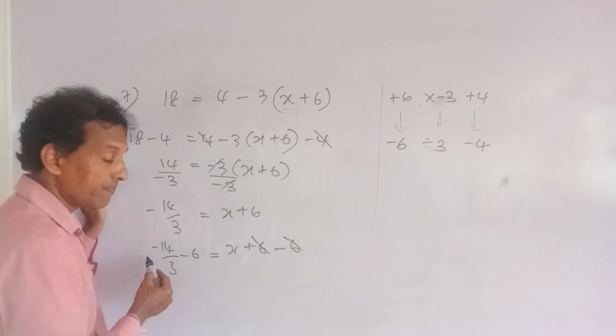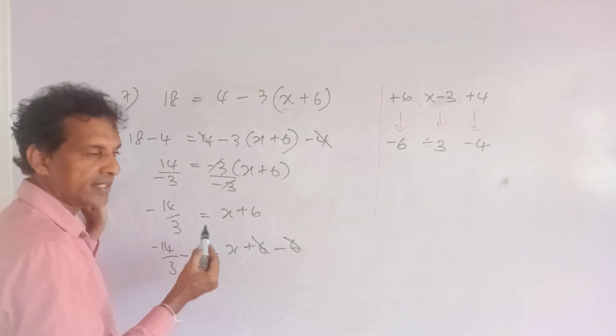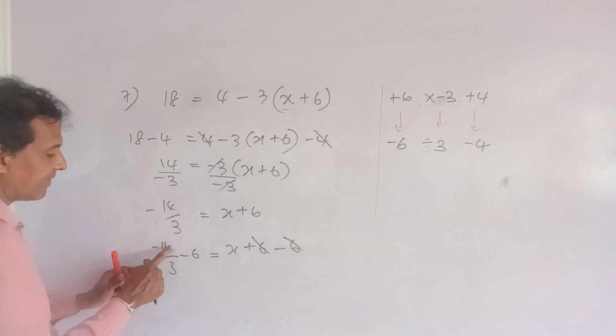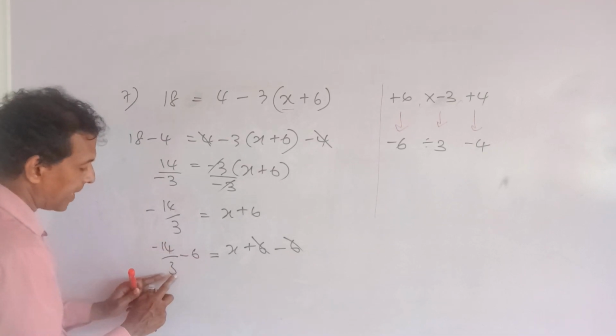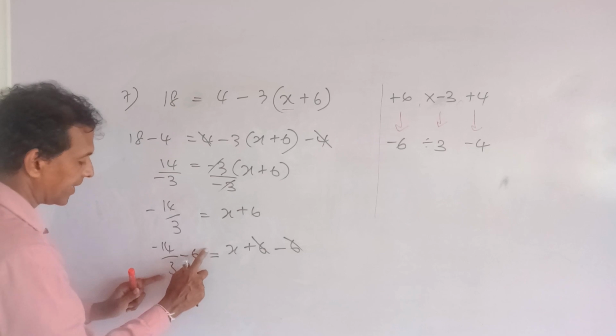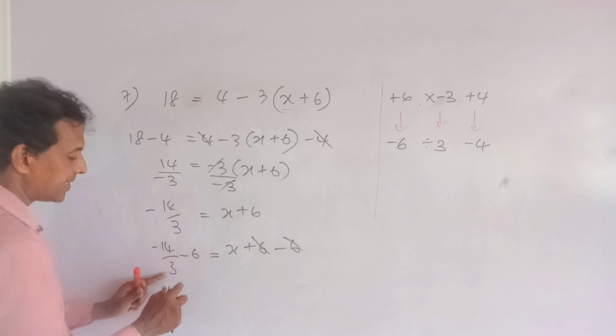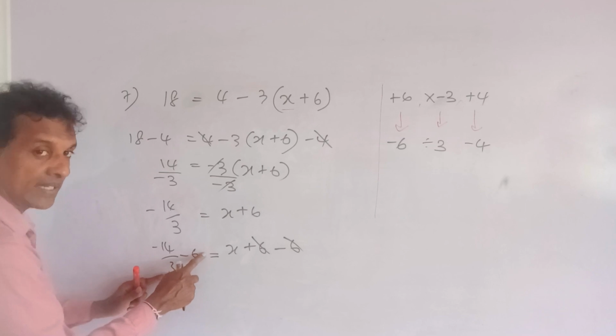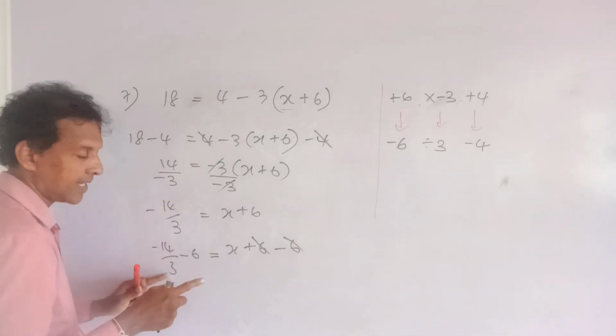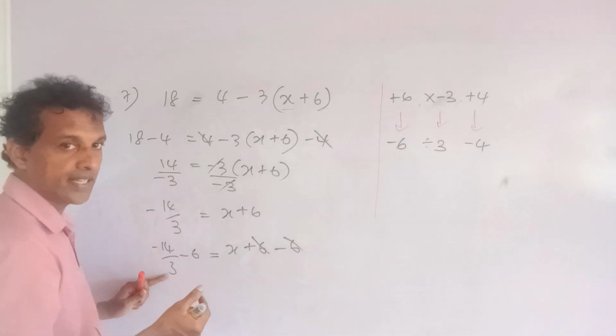Now I am not going to teach how to do these fractions, but I just get it at once. When we have a fraction with a whole number, you can just multiply the whole number by the denominator. 3 times minus 6 is minus 18. I will do this mentally. Later on in another lesson I will explain fractions in detail.